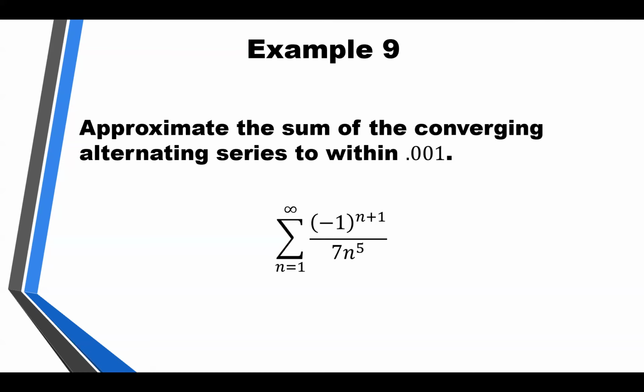The limit of 1/7 times n to the fifth does go to 0 as n goes to infinity. So it's a very easy show that this alternating series converges because of the alternating series test. Now that we know that this one converges, now we can figure out an approximation for this sum within 0.001.